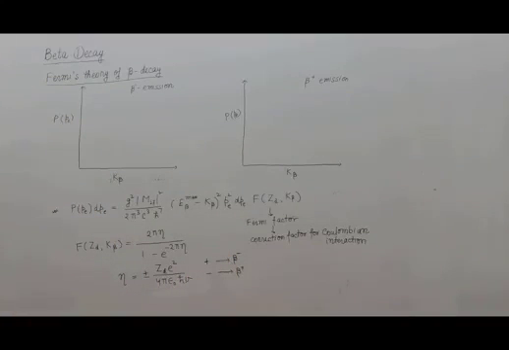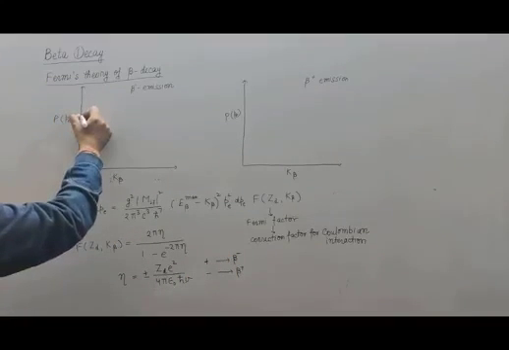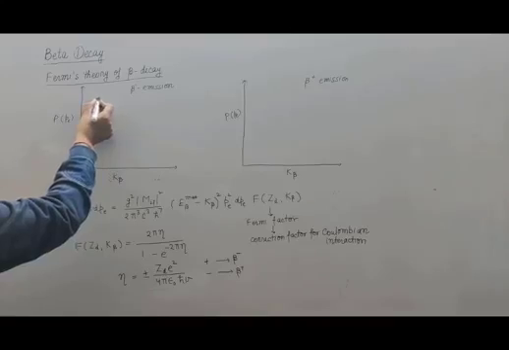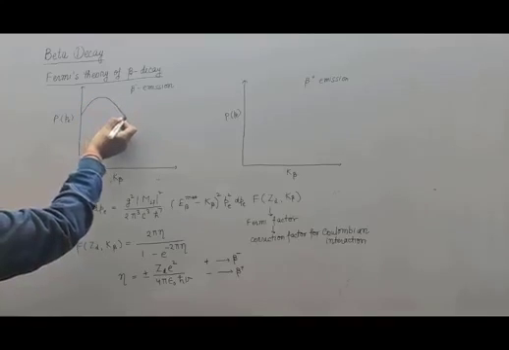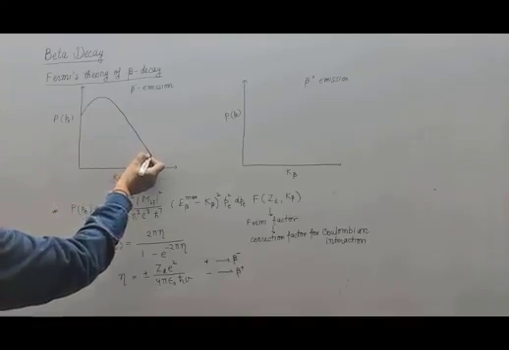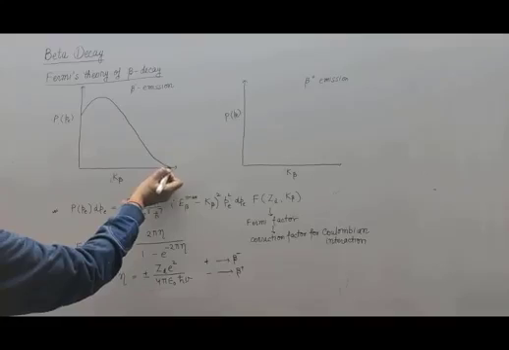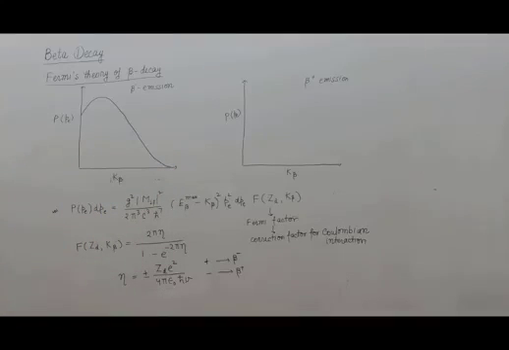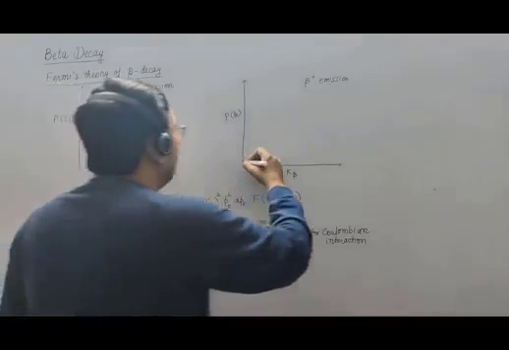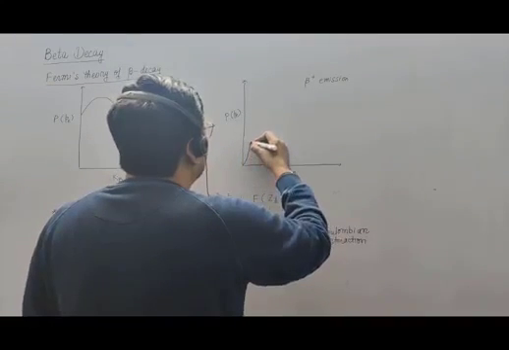For beta minus emission, they found this type of shape, which was matching with experimental results. And for beta plus, they obtained this type of shape.